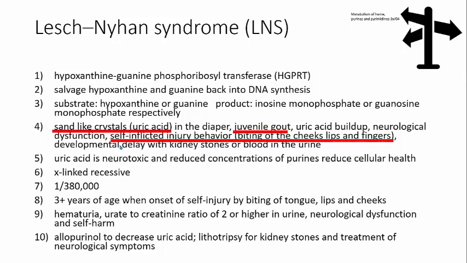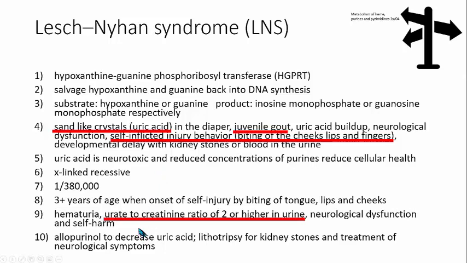They will bite their lips, bite the sides of their cheek, bite their fingers, and they will actually damage it, and it actually feels good to them to get whatever is making them feel uncomfortable about their hands and mouth. Usually this child is brought in for the self-inflicted injury, and that is when it is diagnosed.